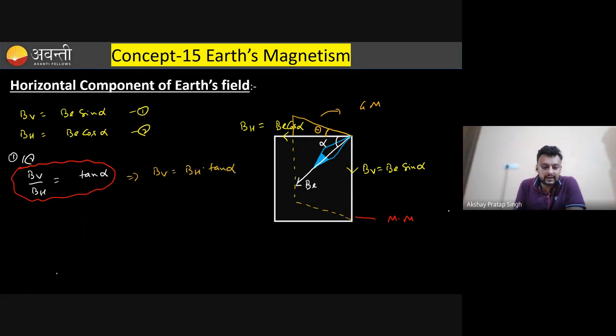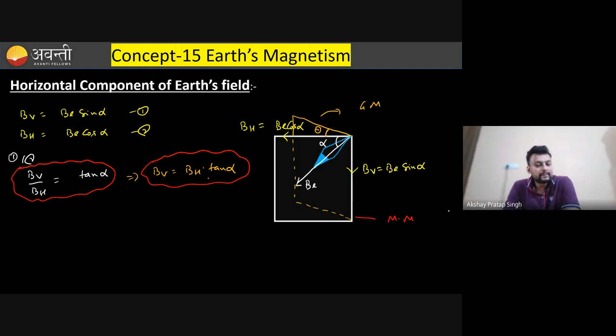You can remember it this way, but all these things are similar. What is alpha in this equation? Alpha is the angle of dip. What is B vertical? This is the vertical component of Earth's magnetic field. BH is the horizontal component of Earth's magnetic field. All these terms are clear to everyone, I hope.